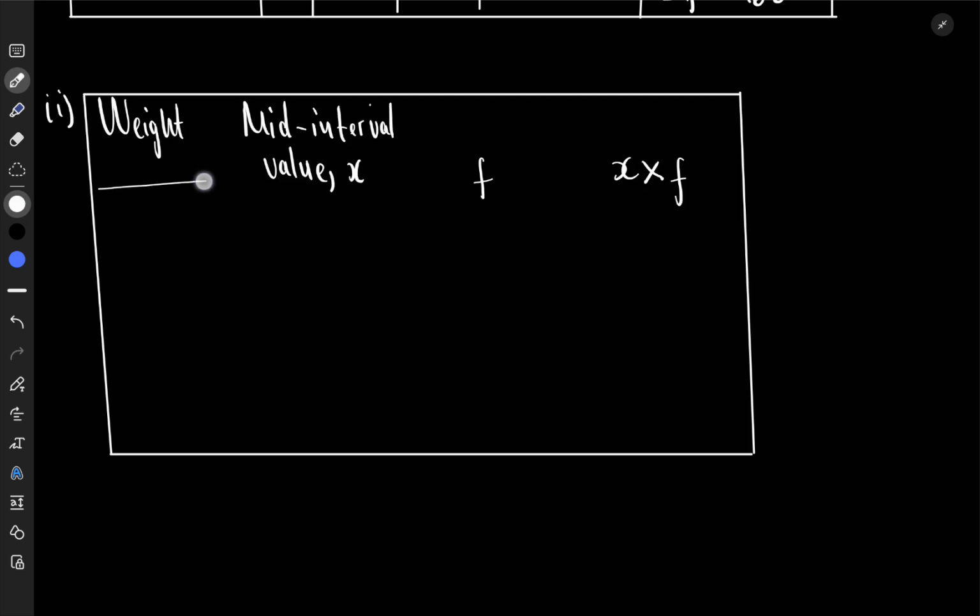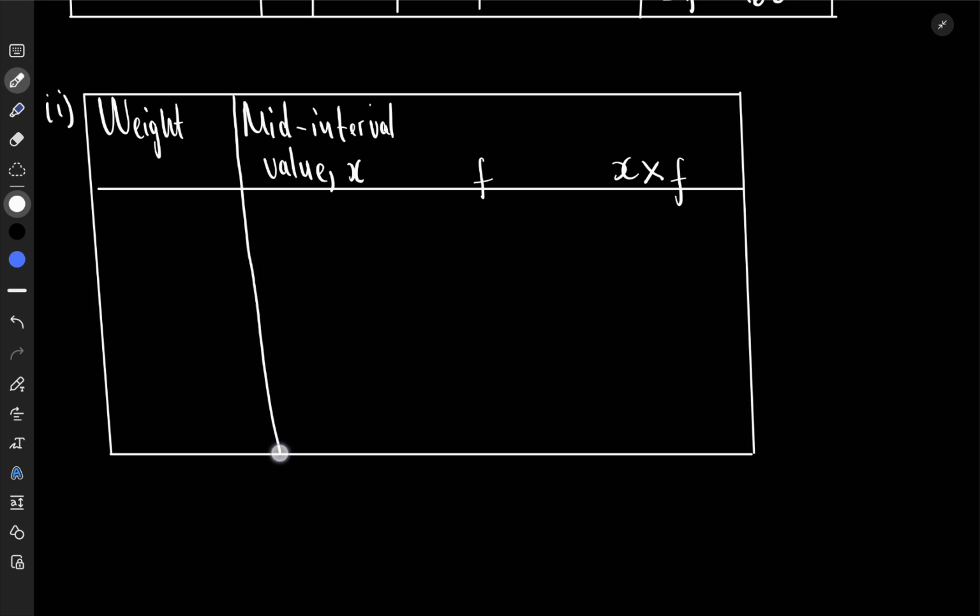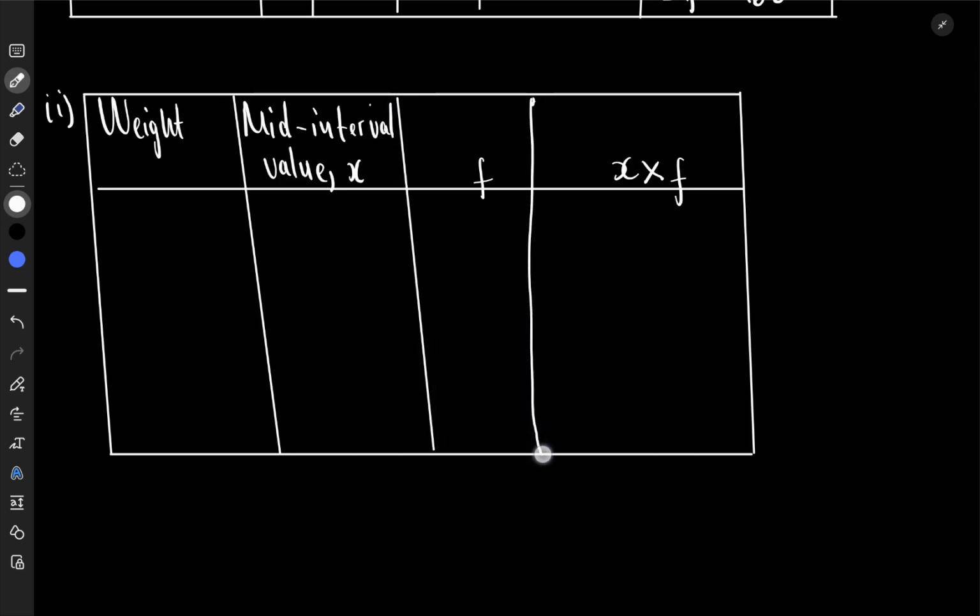All right. Now we can do what we need to do. Here is the weight. Mid value doesn't have to be big. Then here, frequency doesn't have to be big, but x times f should be quite big.